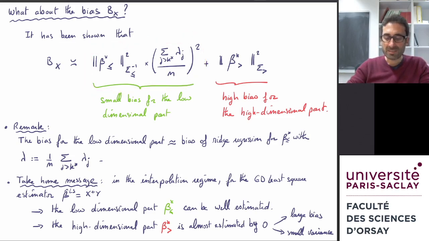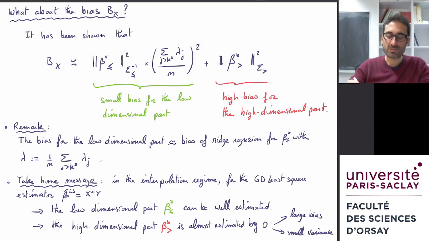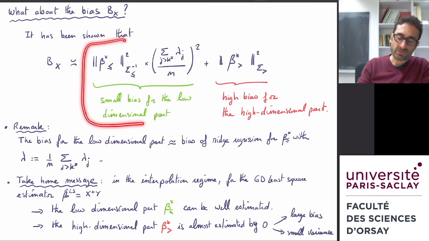And this tells you that you will have a bias which should be small for this low dimensional part. It is multiplied by this, but you will have something that will be small thanks to this term, at least if n is large compared to k star. So you can expect to have a small bias on the low dimensional part.